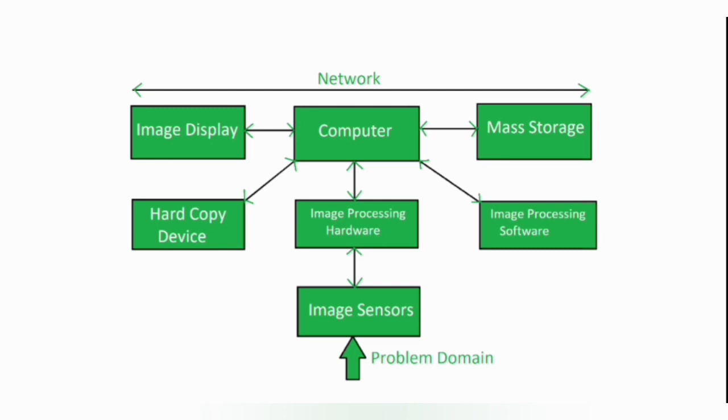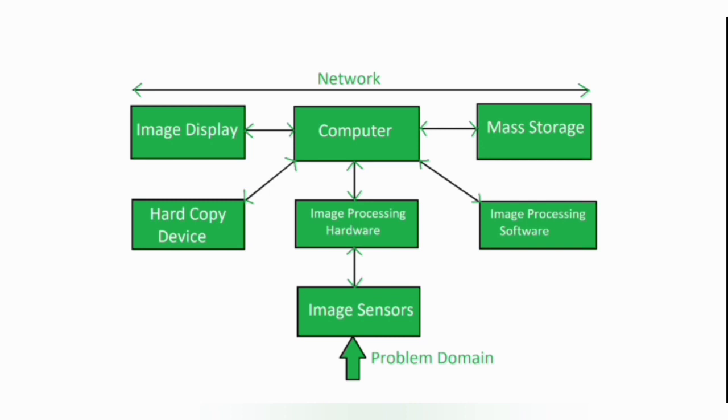According to the task to be performed, it will perform all digital image processing tasks. We can apply different enhancement techniques, that is reduction of noise and other image processing processes also.